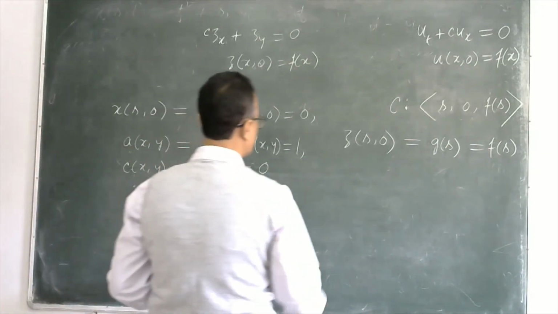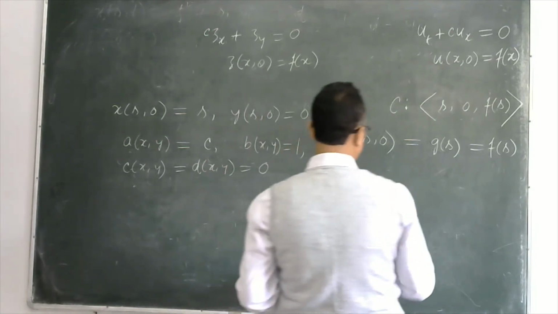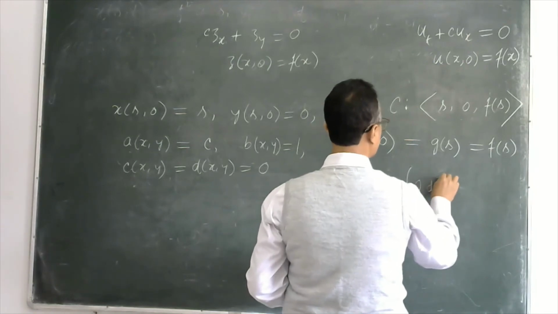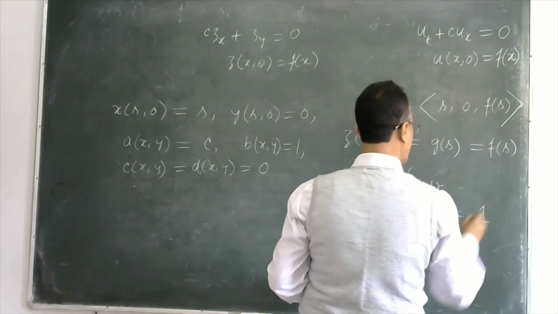So your mu of t is e to the power minus the integral of 0 d tau, so it is simply 1.